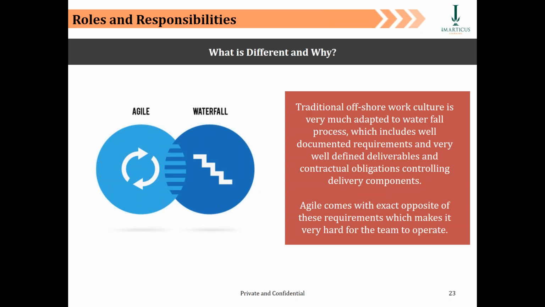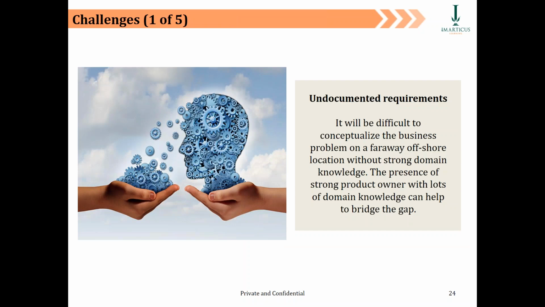That is the challenge which comes to a scrum master like you when you're transforming the team, particularly at offshore, because offshore teams have always been doing a lot of programming and testing in a waterfall mode, right? So as a scrum master working with offshore teams, it will be very hard for your team to make a transition from waterfall to agile. But nevertheless, constant training and mentoring will be able to do that.